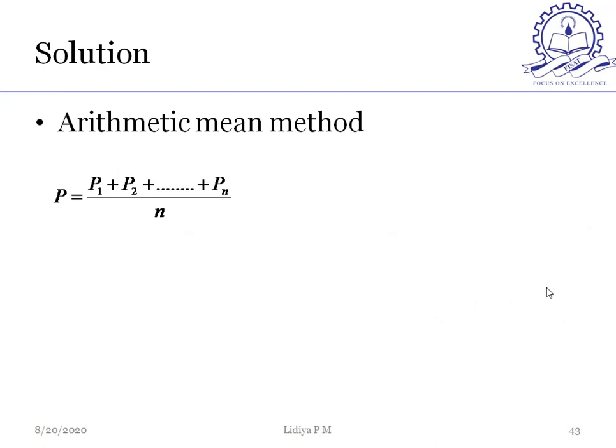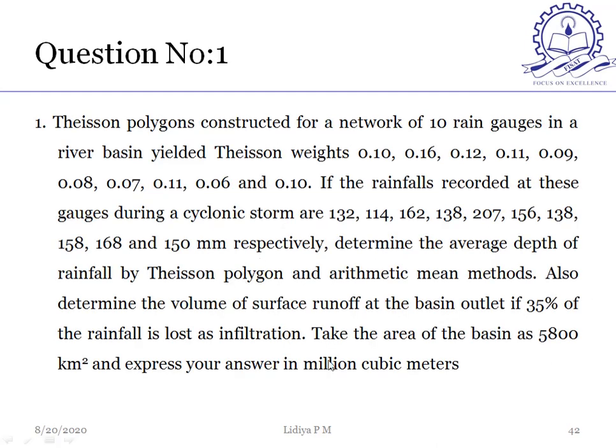Then next we will discuss the second part. Also determine the volume of surface runoff at the basin outlet if 35% of the rainfall is lost as infiltration. So you have to calculate the volume of surface runoff, and it is given that 35% of rainfall is lost in infiltration. The total rainfall depth we got now is 152 mm.